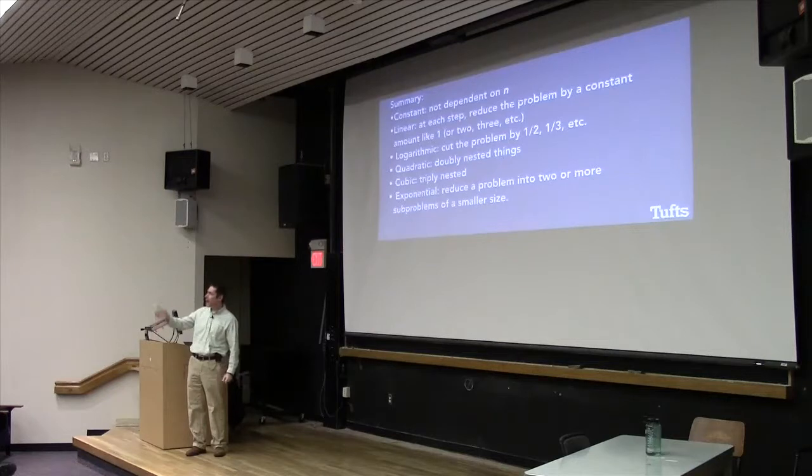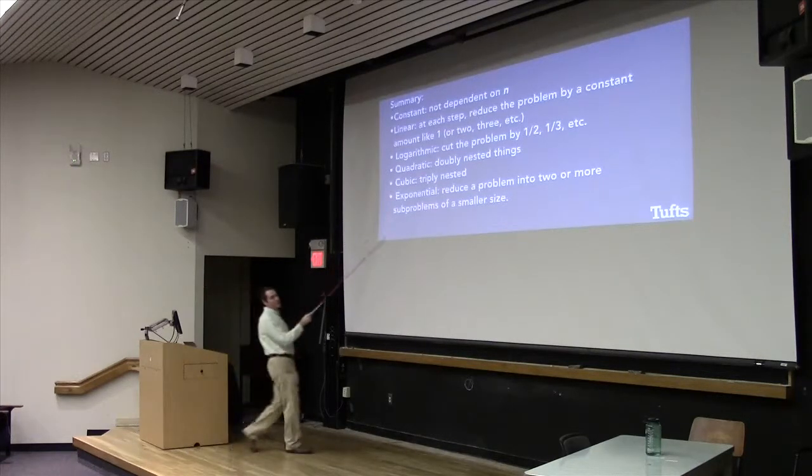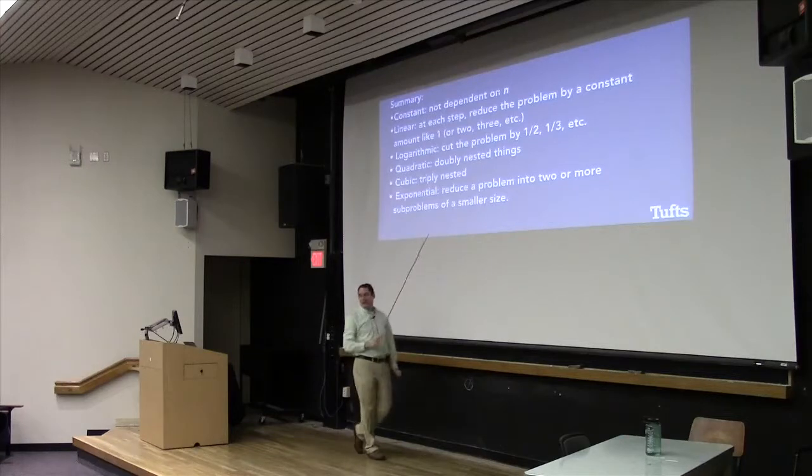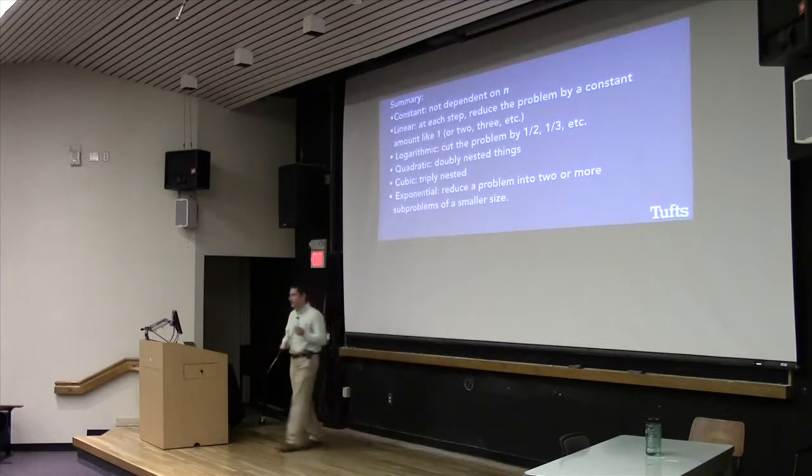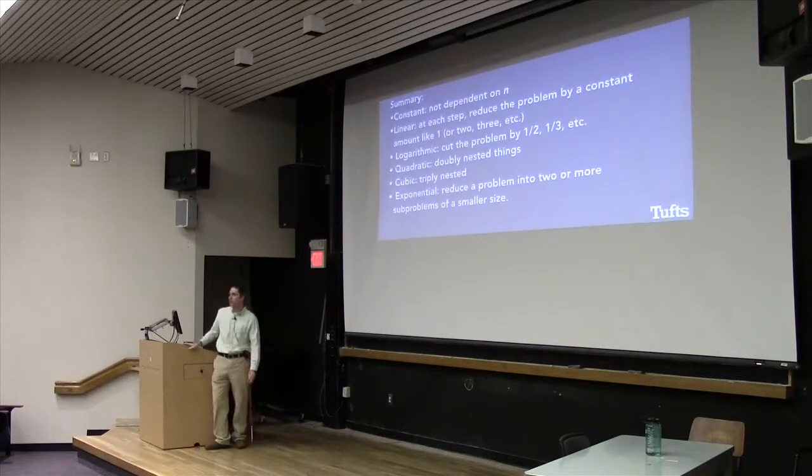Logarithmic, cut the problem in half or a third, where every time you're making it 1/2 or 1/3 smaller. That's logarithmic. Quadratic, doubly nested things. Cubic, triply nested things. Exponential is interesting. You are reducing the problem into 2 or more problems of a smaller size. That's what the Towers of Hanoi was doing. It's reducing the problem into smaller problems, but making multiple of those smaller problems, which is the only way you can solve that one.